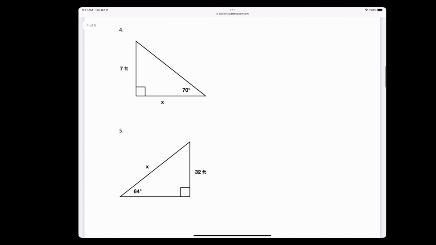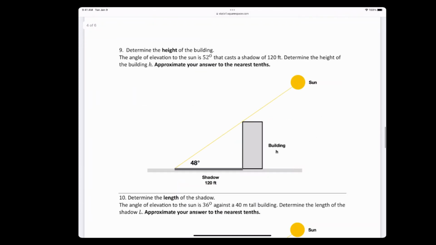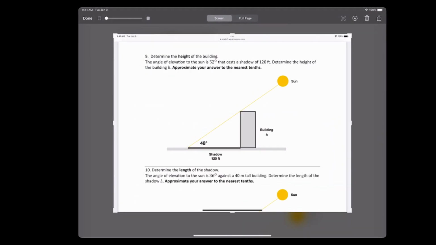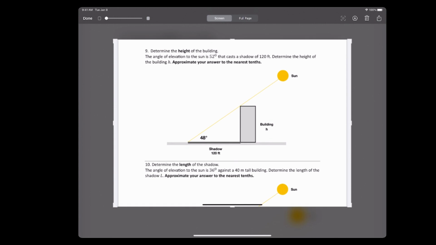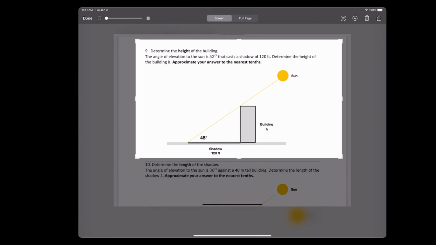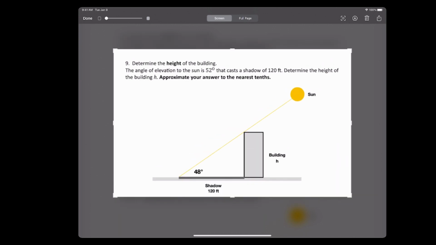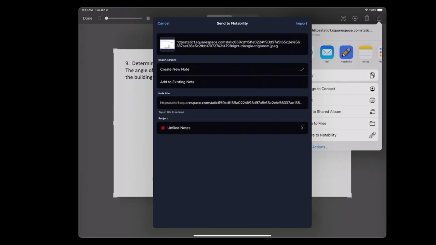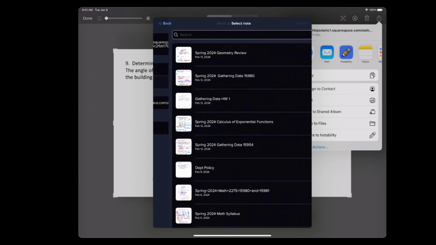I'm going to try to, yeah, you're going to say, are there words in math? Oh, no. I'm going to import the words. There's words and then there's pictures? Oh, no. Oh, Mr. Judge, what are you doing? I'm going to not create a new note. I want to import it. Hold on. Add to existing note.